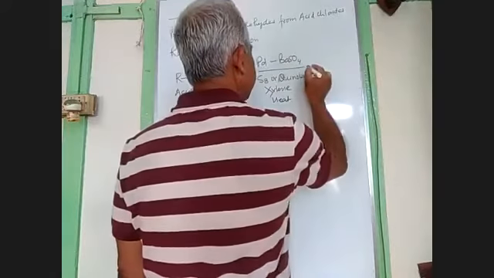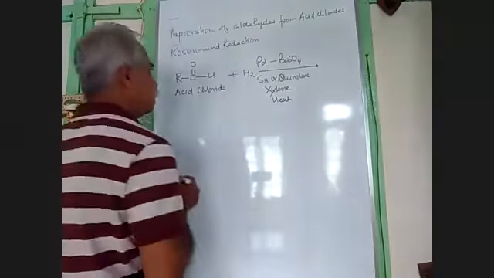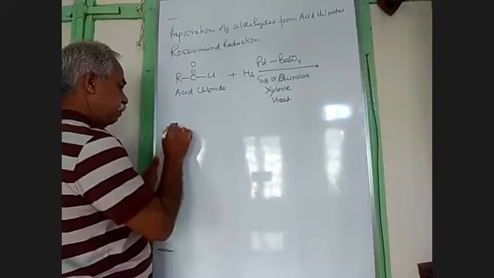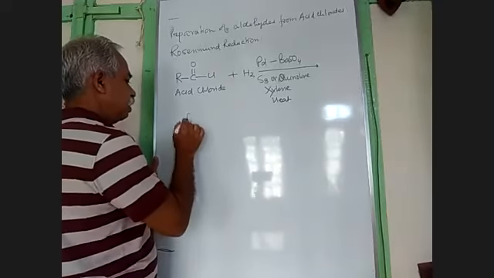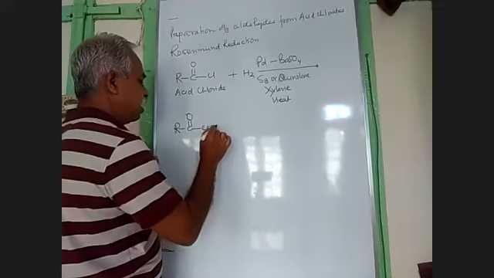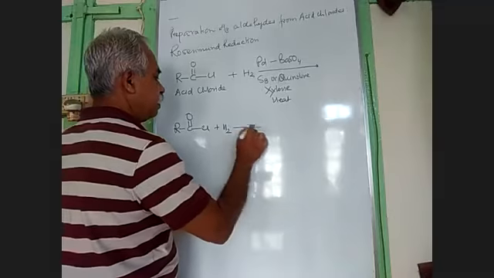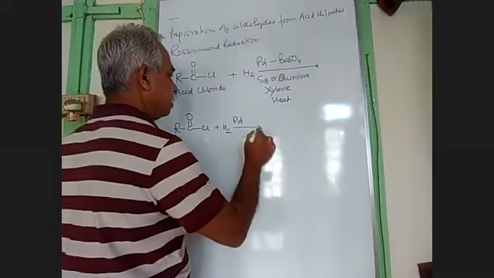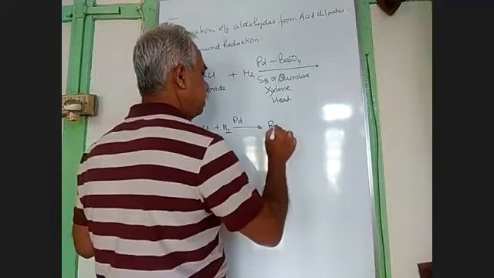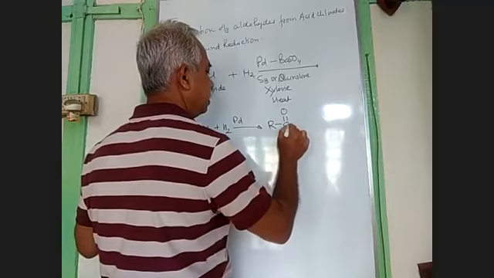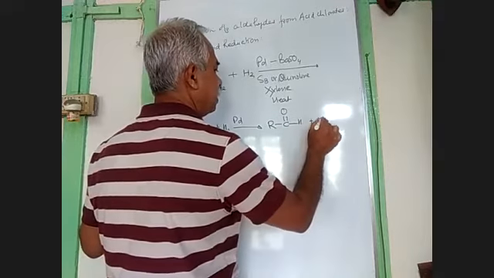See, before I explain, I'll tell you one thing. What will happen now? RCOCl in presence of palladium will form aldehyde and HCl.